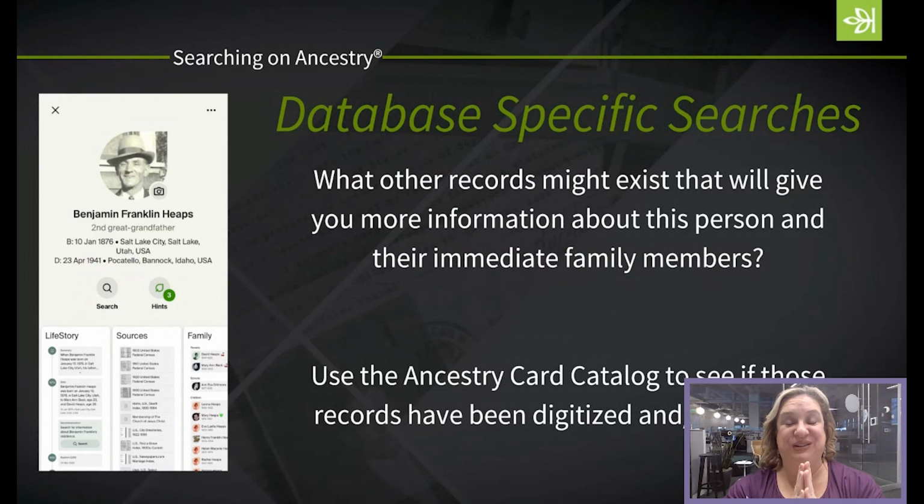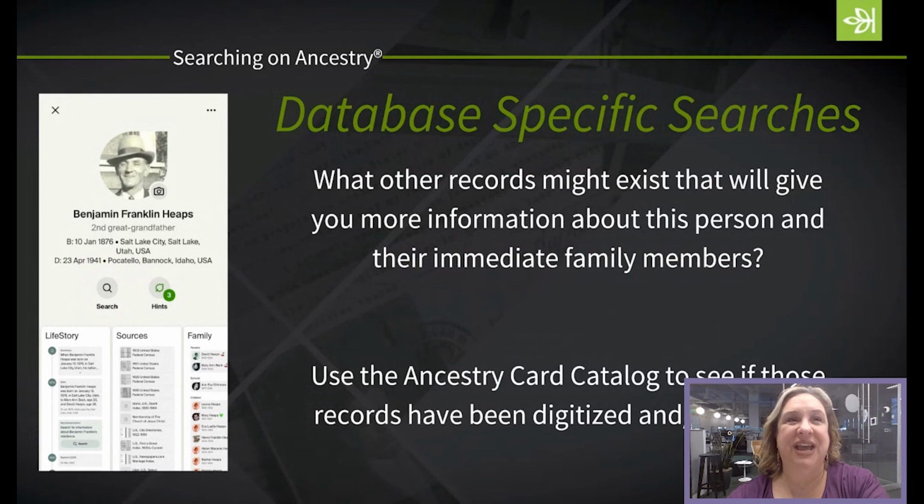So once you've done a search from tree, then you might want to consider doing some database specific searches. When you do a search from tree, it searches all the records on Ancestry that are indexed. But sometimes information in a record doesn't really match the information that you know for a lot of reasons.